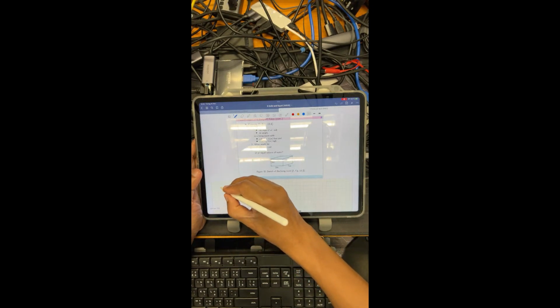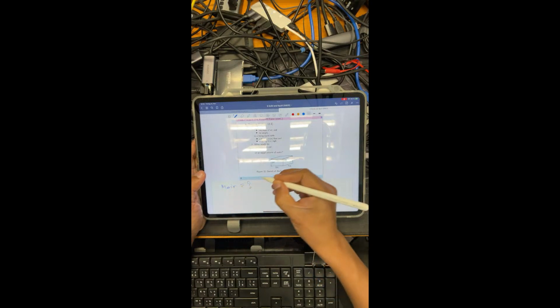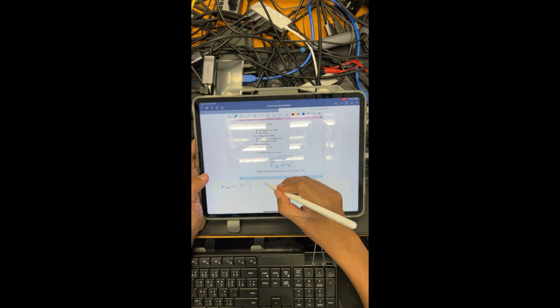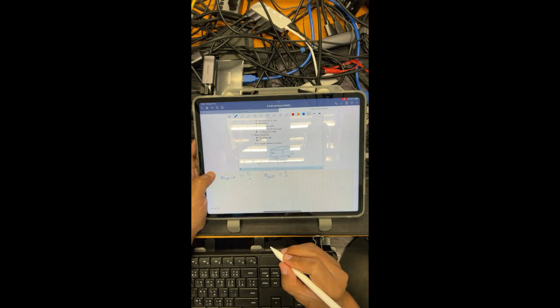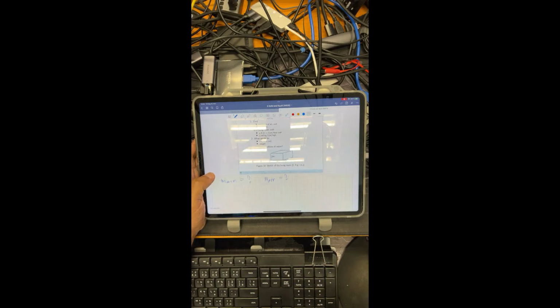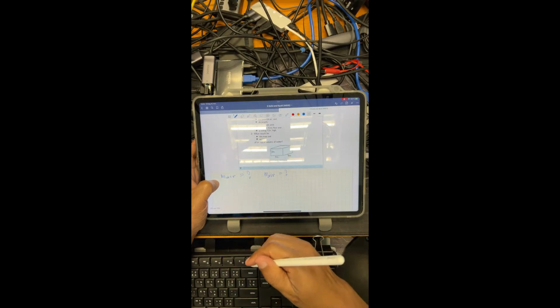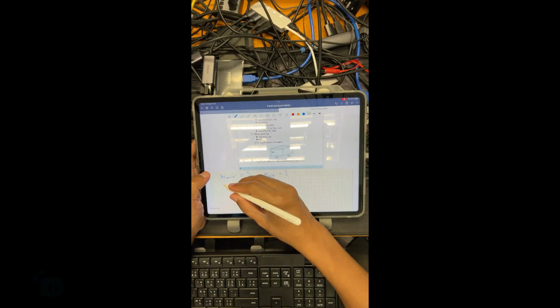We need to determine the mass of the air and the weight of the air, right? We will talk about it. Okay, the mass of air could be found from the basic definition of the density, right?